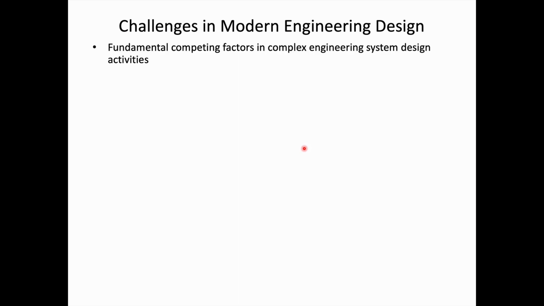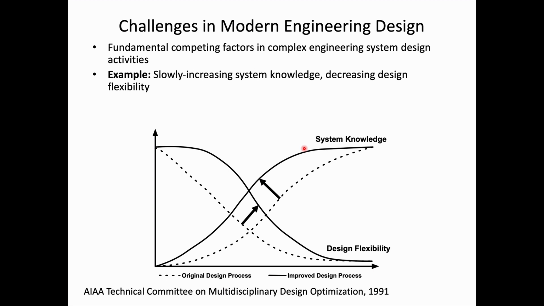There are a number of challenges in modern engineering design that are very important to be aware of. There are fundamental competing factors as we are approaching the design of complex engineering systems. Here's one example, just a conceptual plot showing how a systems engineering process might proceed through time.